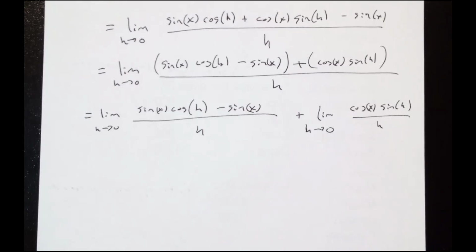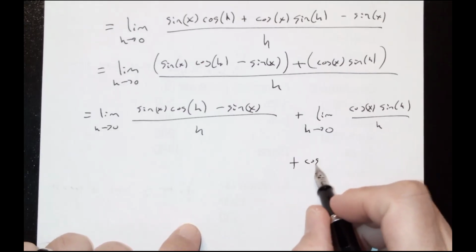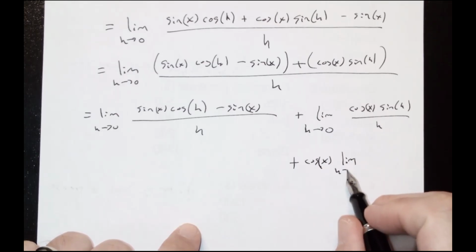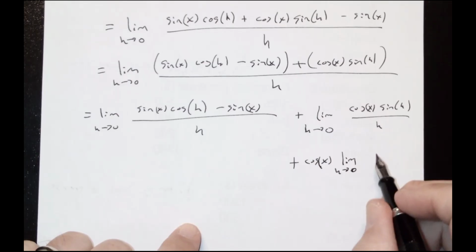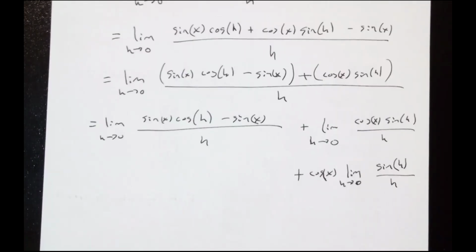What can I do with constants with limits? Take them out front, right? So I can rewrite this piece as cosine of x, and then limit as h goes to 0, sine of h over h.